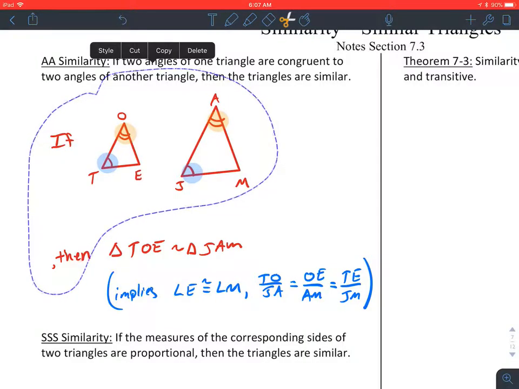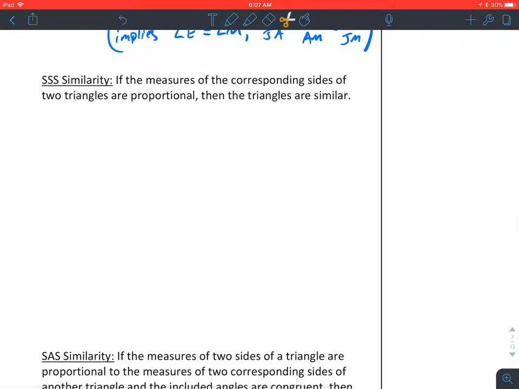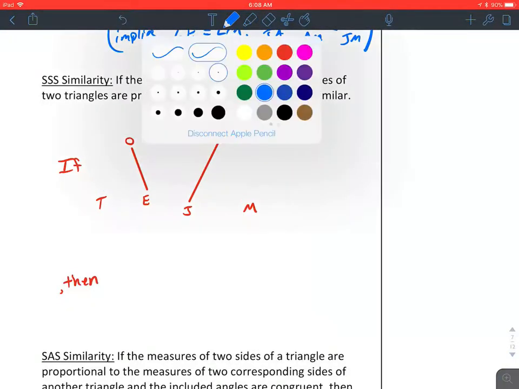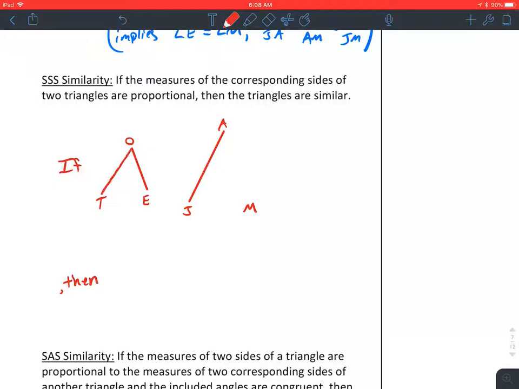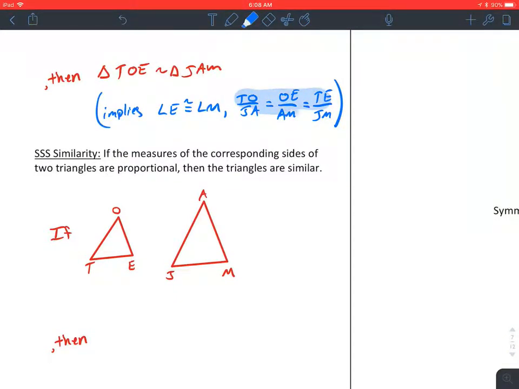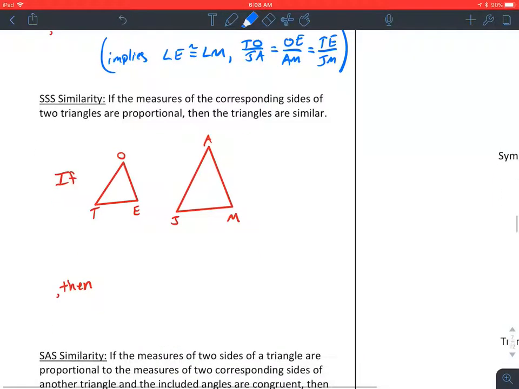Let's check out this next one. The SSS, or side-side-side similarity. If the measures of the corresponding sides of two triangles are proportional, then the triangles are similar. I may have misspoke on this previous one, I don't remember, but the corresponding sides are proportional.